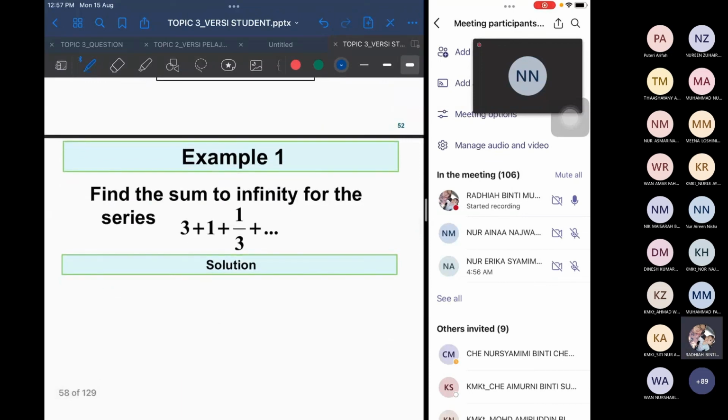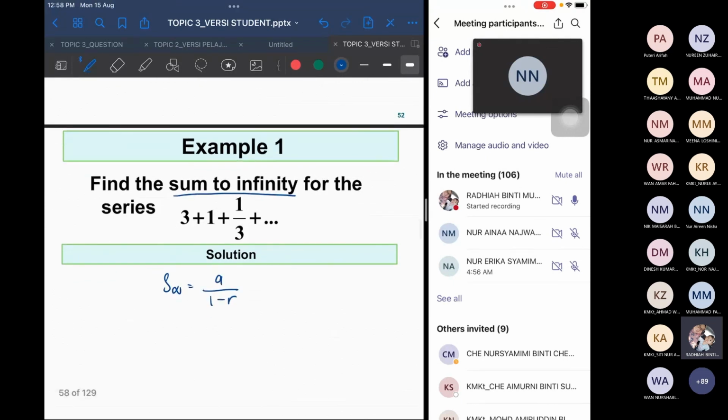Okay, example 1, dia kata find the sum to infinity for the series 3 plus 1 plus 1 over 3. So bila you tengok you punya soalan tu dia minta sum to infinity. So kita punya formula adalah sum to infinity A over 1 minus R. So untuk dapatkan sum of infinity kita kena tahu nilai A berapa, nilai R berapa.